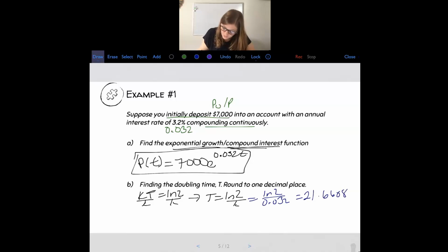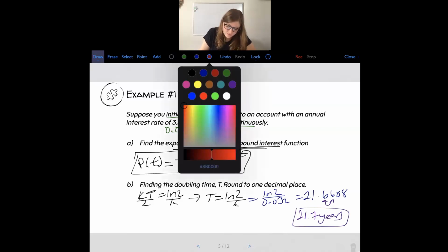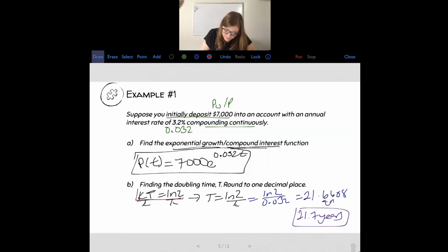It says to round to one decimal place, so we're rounding the first 6. We look next door, the number next to it is bigger than 5, so this is 21.7 years. The other thing I should note is, if you forget how the rate and the doubling time are related, since we started with 7,000, you could use 14,000 is equal to 7,000 e to the 0.032 times t, and you'll end up at the same spot.